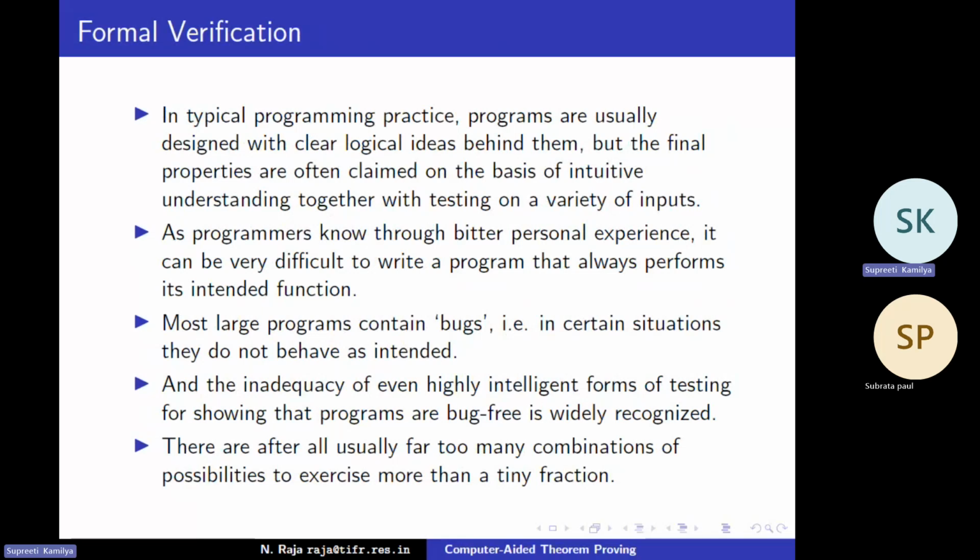So if you have done any serious programming, then you know that it's quite difficult to write a program that always performs its intended function. And these we call bugs, where there are several situations where programs don't behave as we intend them to. And so testing is completely inadequate.